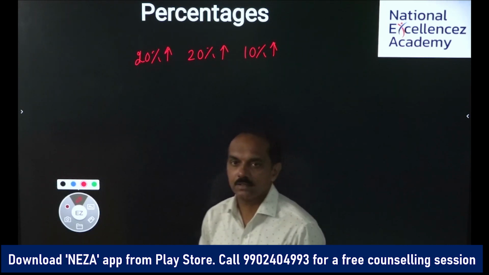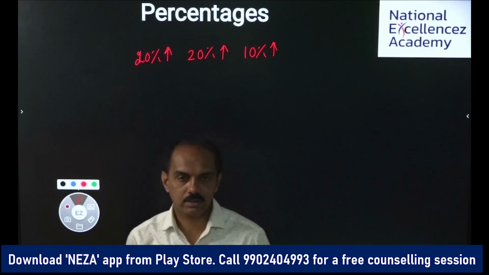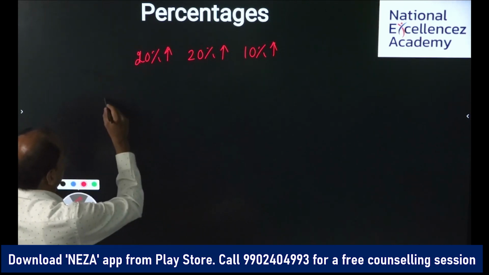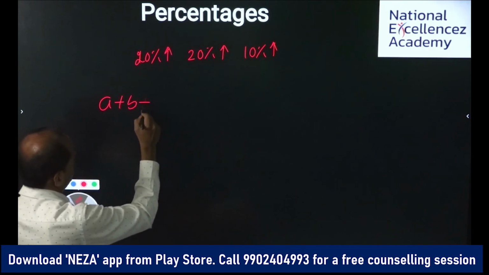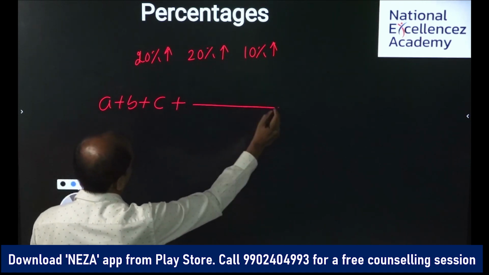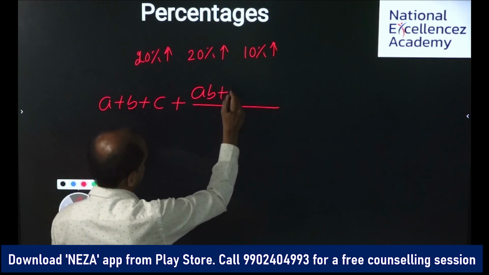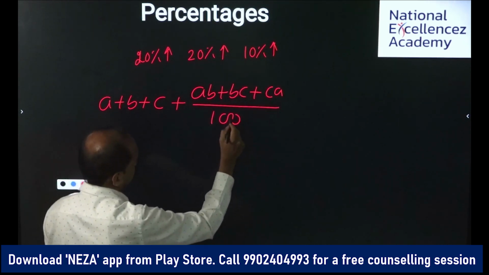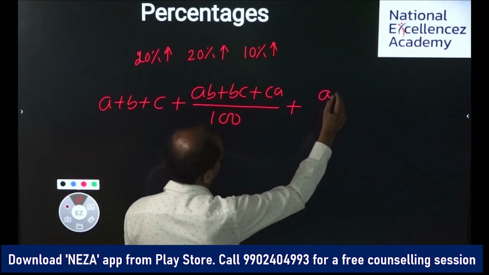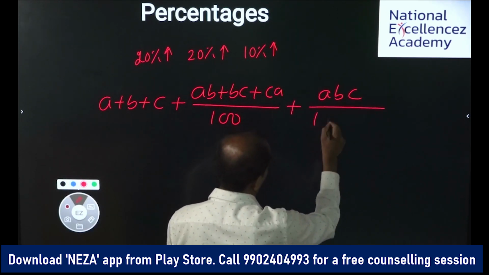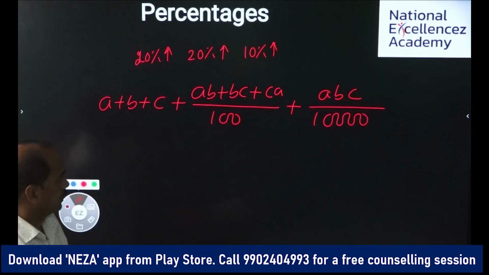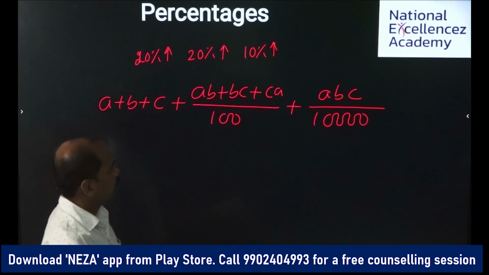What is the net increase in the number in percentage? In this kind of cases you can go with this formula: A plus B plus C, AB plus BC plus CA by 100, plus ABC divided by 10000. It looks like it is too big a formula.